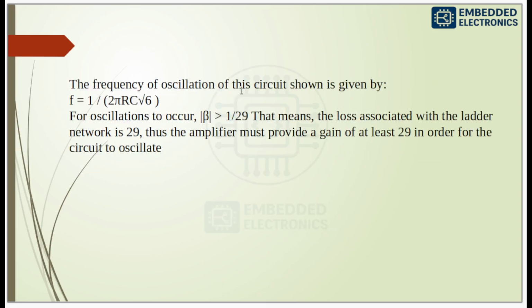The frequency of oscillation of the circuit shown is given by this formula: f equals 1 by 2 pi RC square root of 6. For oscillations to occur, beta should be greater than 1 by 29, meaning the loss associated with the ladder network is 29. Thus the amplifier must provide a gain of at least 29 in order for the circuit to oscillate.